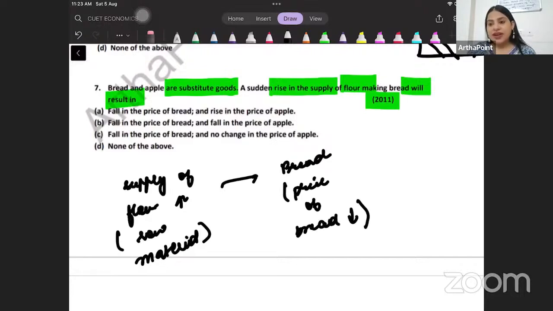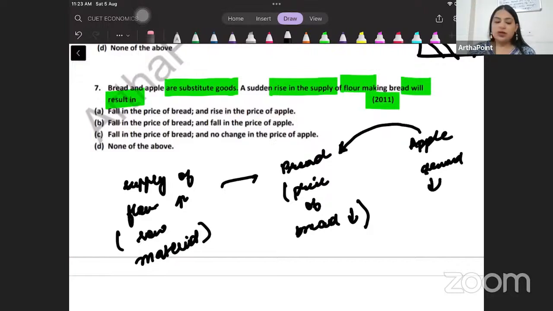When the price of bread decreases, and bread and apple are substitutes of each other, people will switch towards bread. So the demand of apple will decrease. So in this case, we can say that there will be a fall in the price of bread, and therefore there is going to be a change in the demand of apples, right?